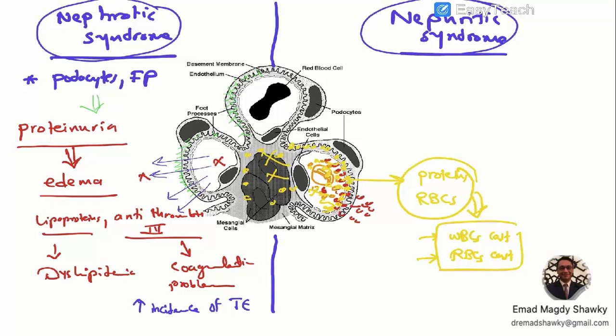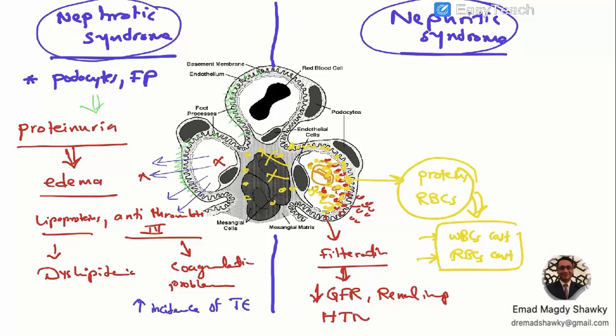Okay, this inflammatory infiltrate and this disruption of endothelium will disable the filtration process, and this will be presented with deterioration of GFR, renal impairment, salt and water retention, so hypertension.